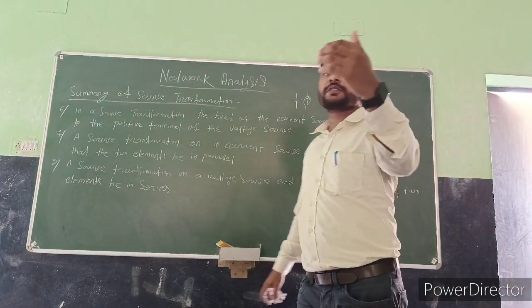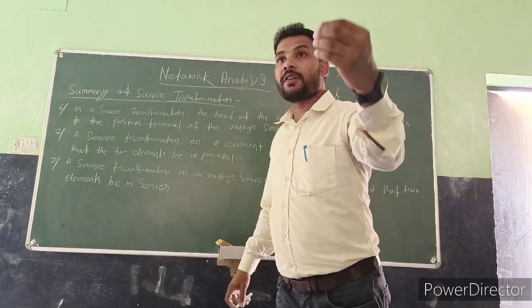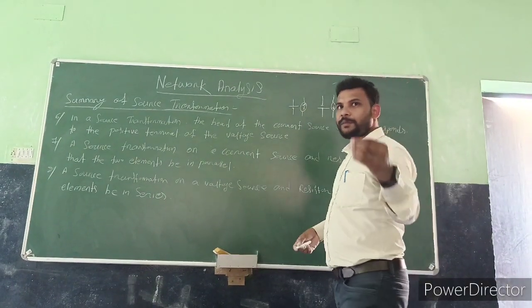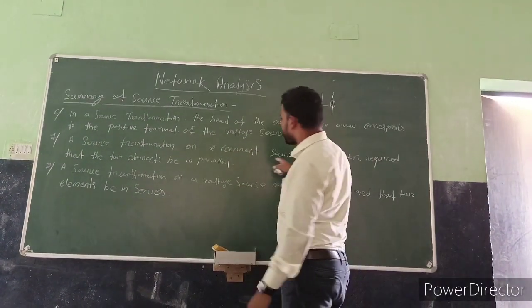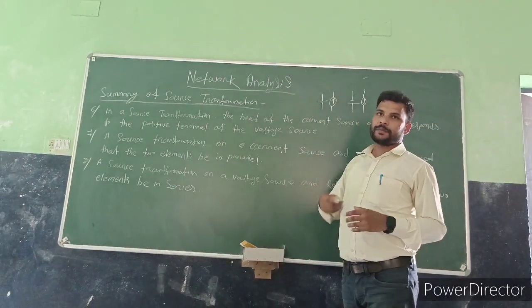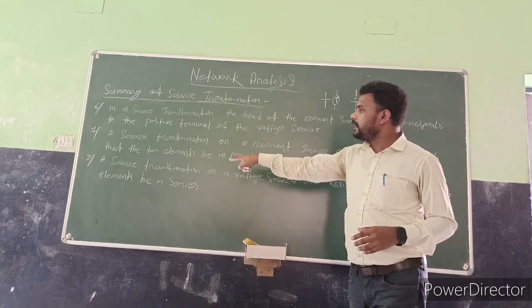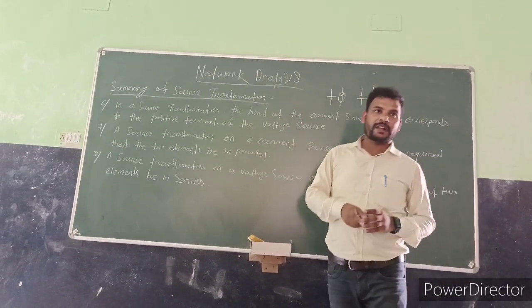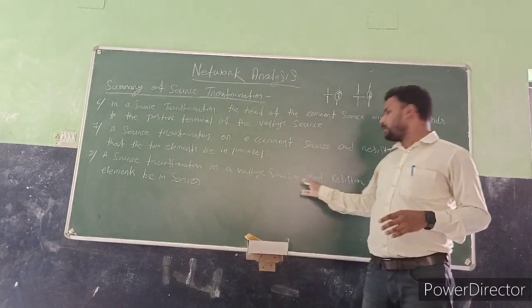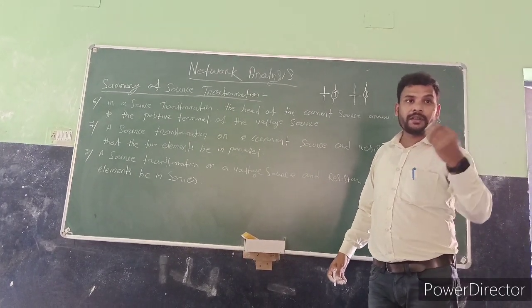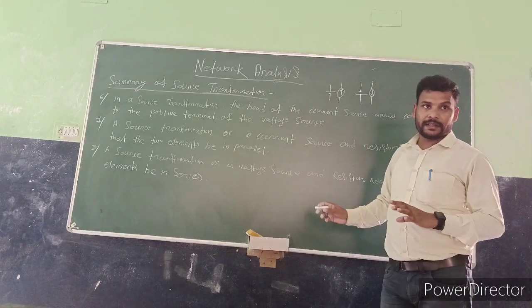If we apply source transformation on a current source, that current source should have a resistor in parallel with it. If we apply source transformation on a voltage source, this voltage source should have a resistor in series with it.